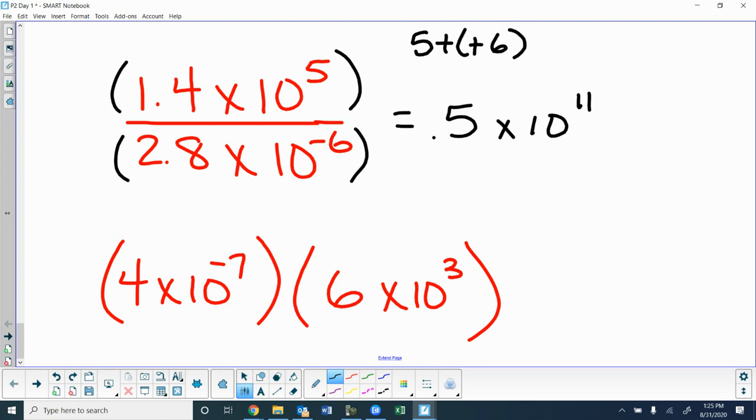What must be true about the number in front of the times? You have to move that over. 0.5 is less than 1. It's got to be 1 or bigger, less than 10. So I move it over 1. So it's 5 times 10.